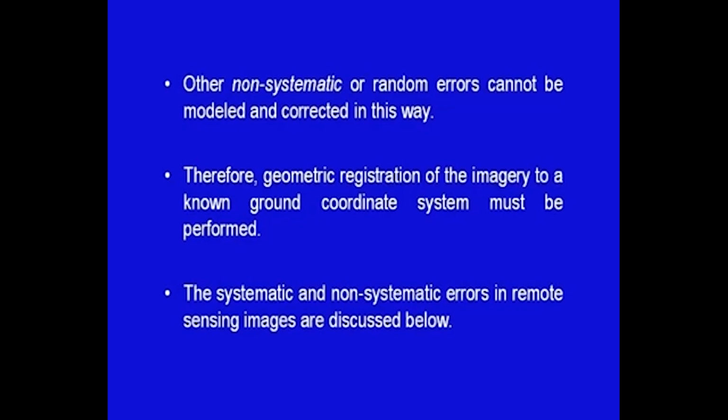Therefore, geometric restoration of the image to a known ground coordinate system must be performed. Now, let us look at the systematic and non-systematic errors in the remote sensing images, and these are discussed.